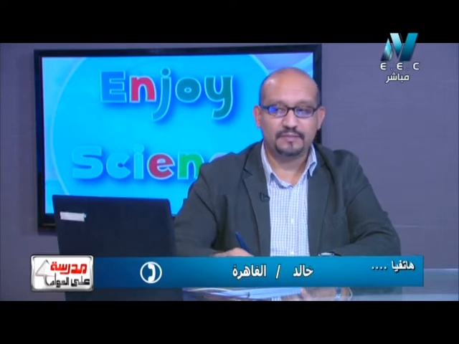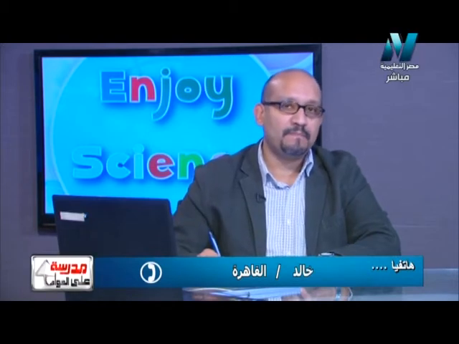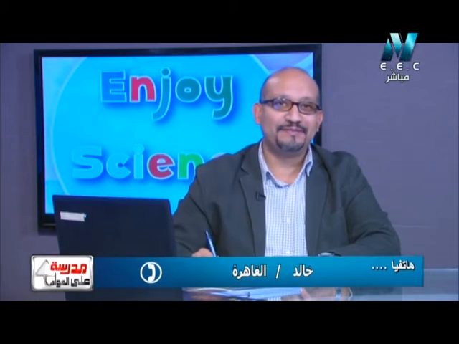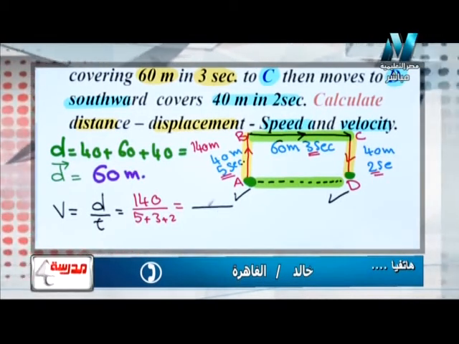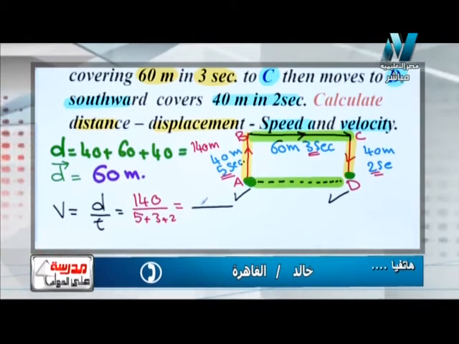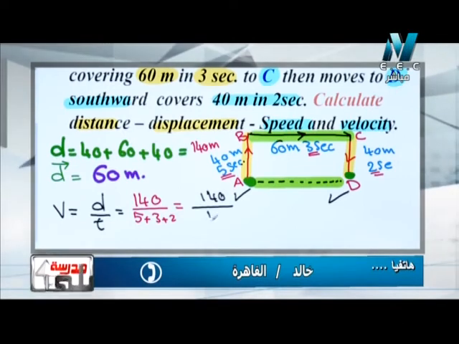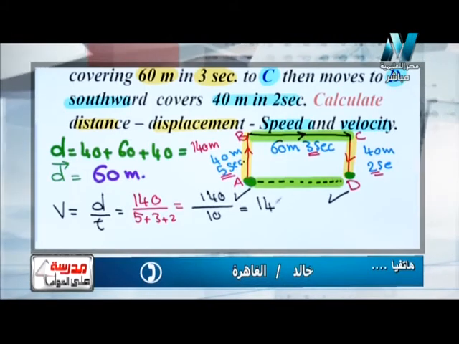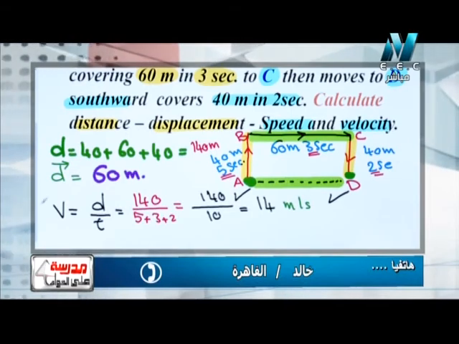Speed, how many over how many? 140 over 10. Equal how many? 1 or 14? No, 14 of course. 14 what? 14 meter per second. Okay.